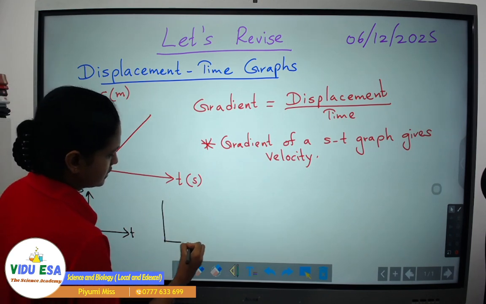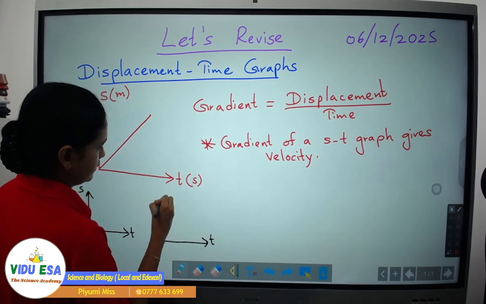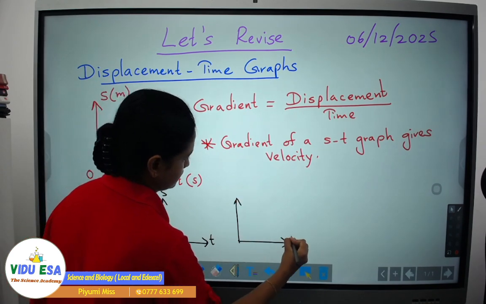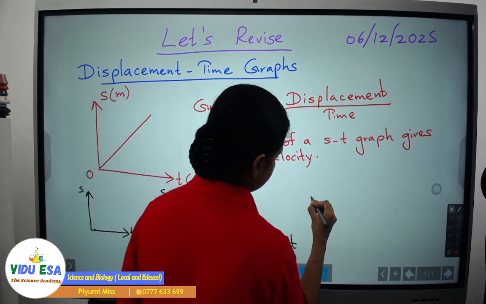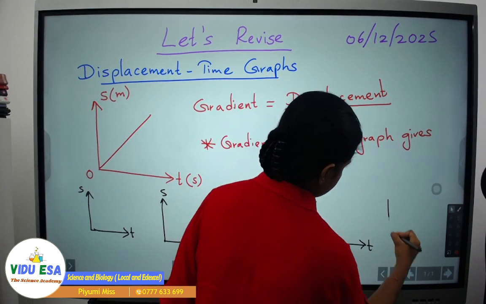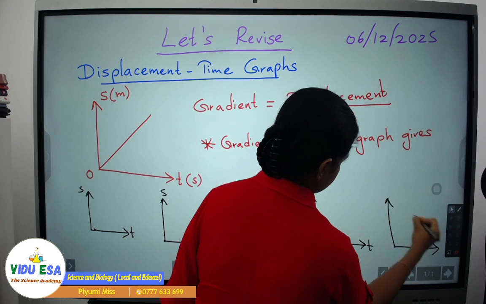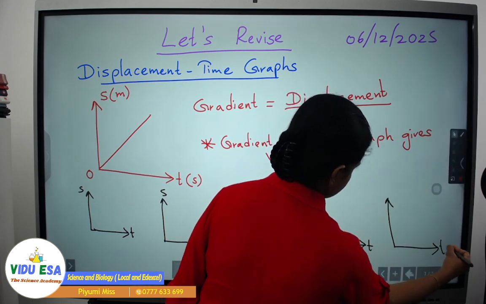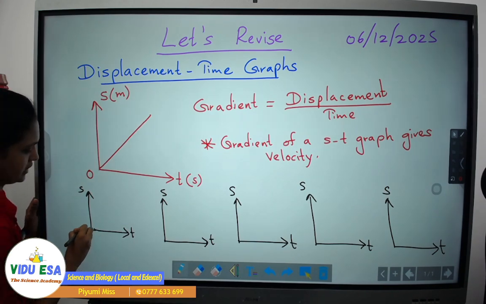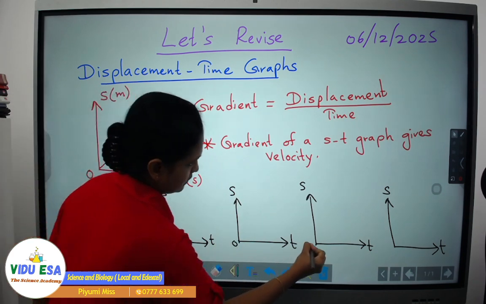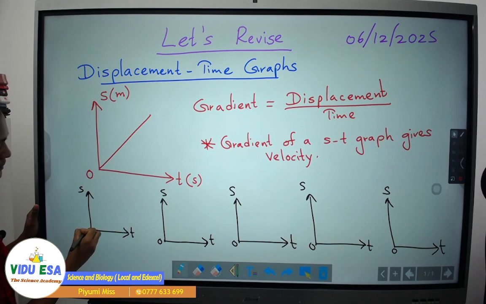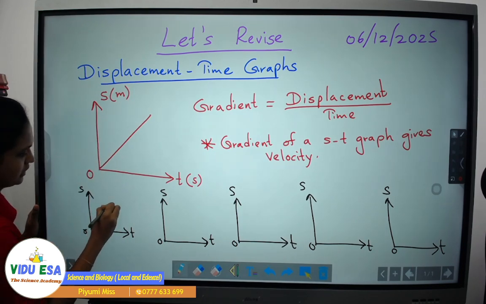So we discussed 5. Right? So we can take like this. First one, make one like this.